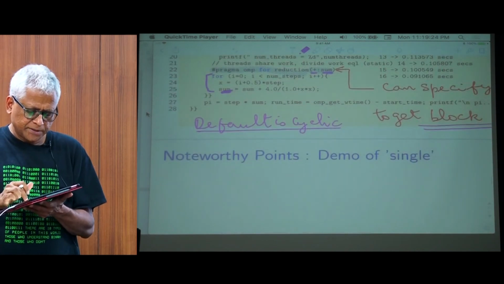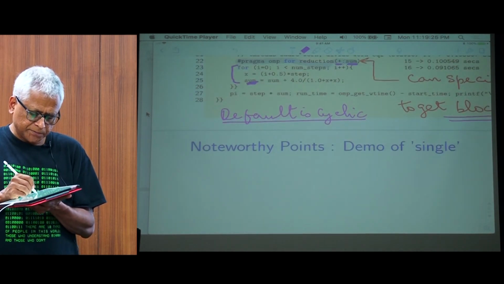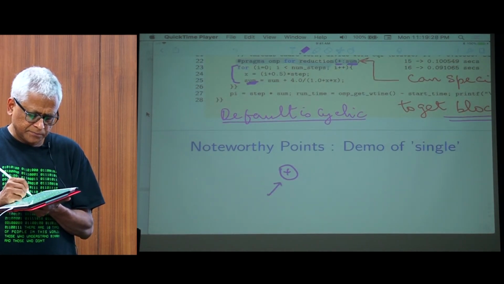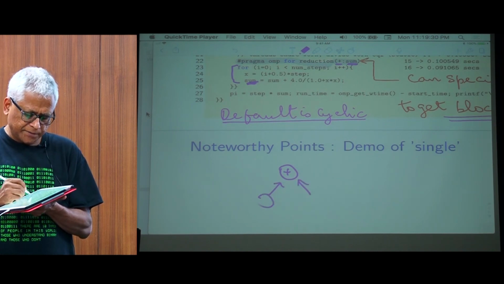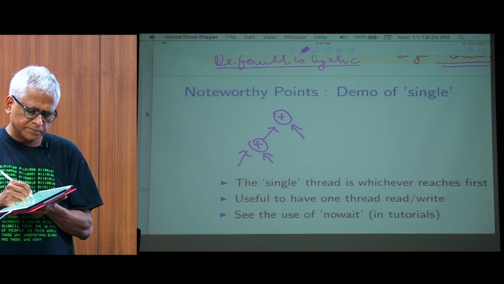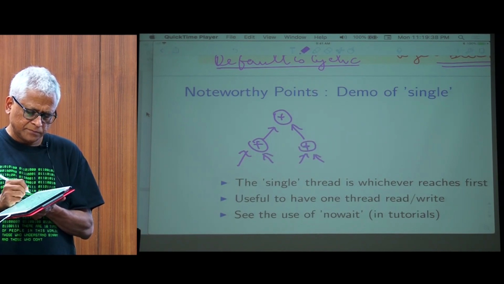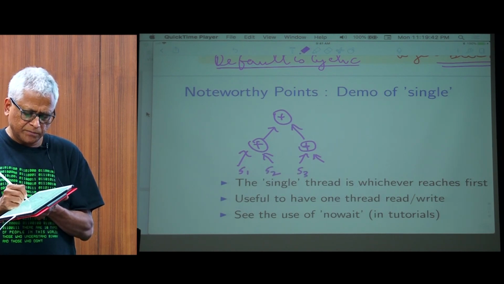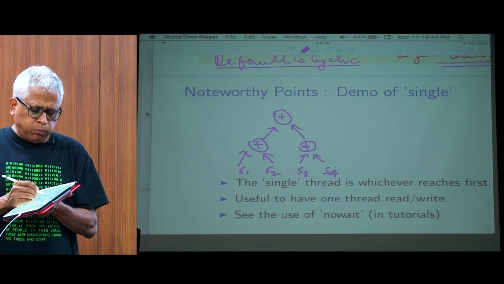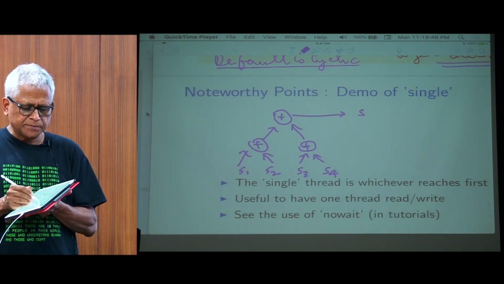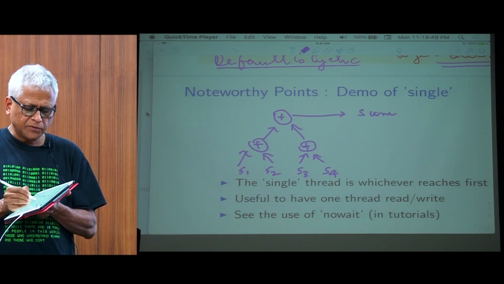So at that point, OpenMP gives you a reduction tree of some shape, where there's some value from thread 1, some value from thread 2. This whole thing goes into the final sum. So that tree is built for you.